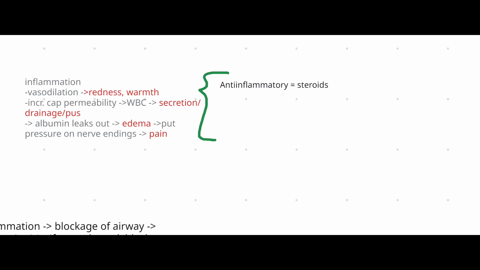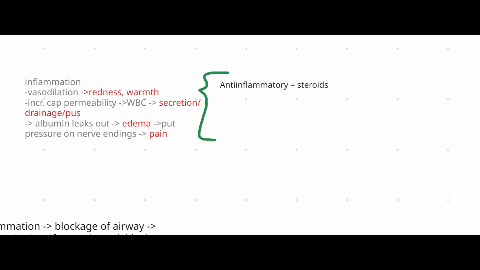Now, if this is more systemic, then we're getting into either PO form, right? Tablets, pills, PO, either tabs or liquid. Or if it's even worse than that, we can do an IM steroid, or if it's extremely bad, we do IV.